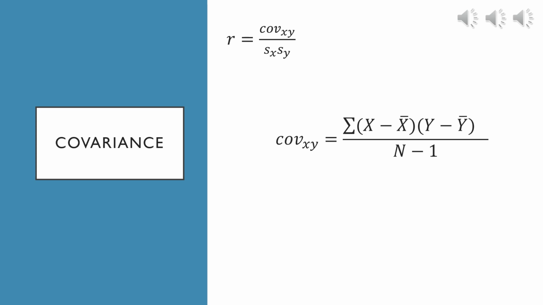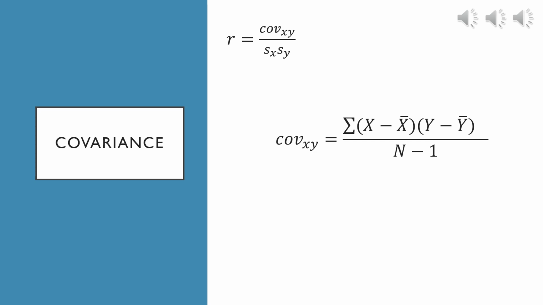So if people are studying a lot and getting a high grade on an exam, if those things go together, then low amounts of studying, the x variable, will go with low scores on the exam, which is the y variable, whereas high numbers of hours studied should correspond with high exam grades. And that should result in a very high number for covariance.